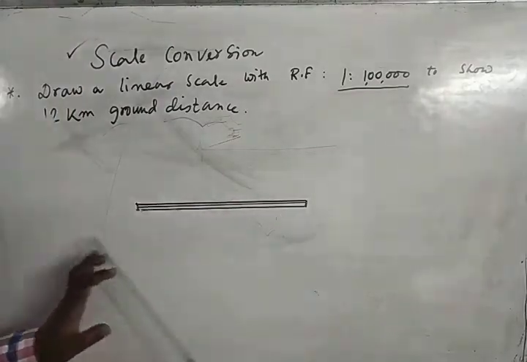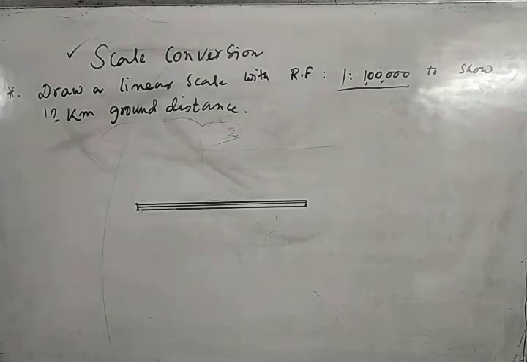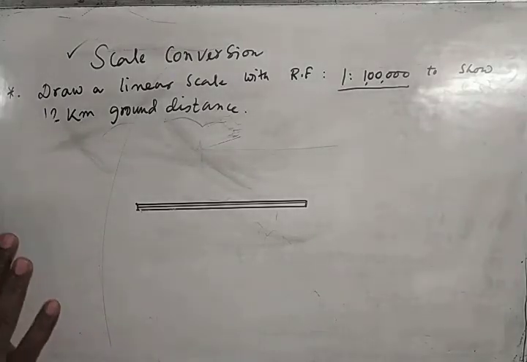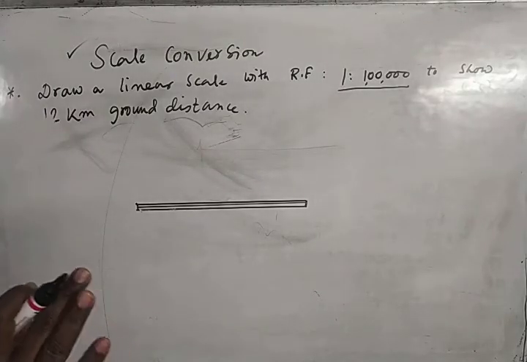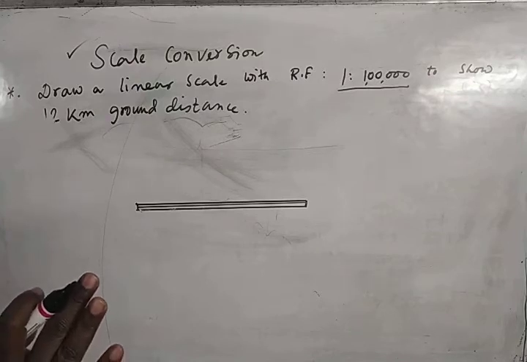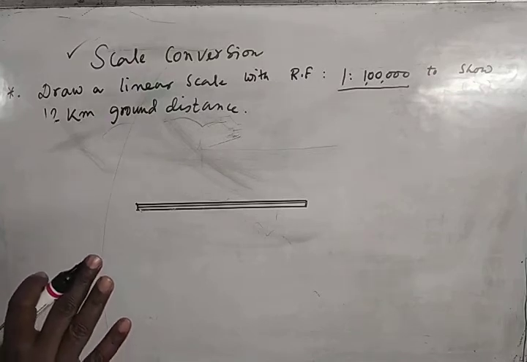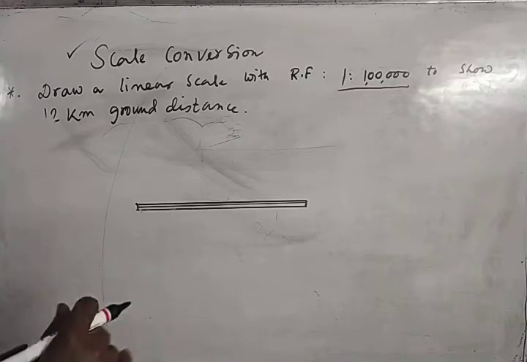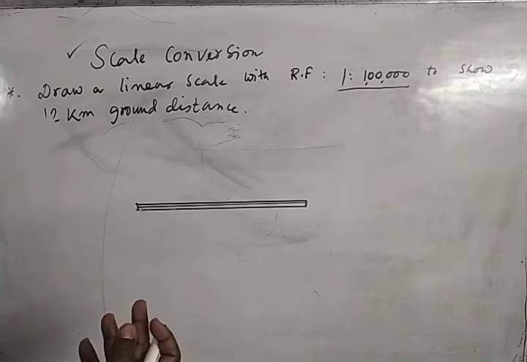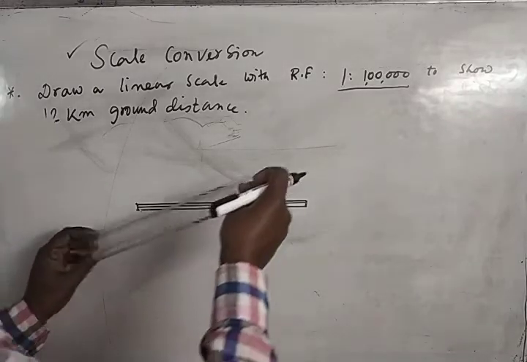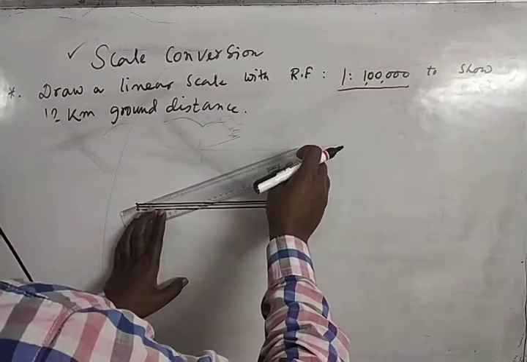Okay? Now there will be 3 primary divisions. How to take that primary division? Be cautious. Many students draw improperly by manipulation. But the geometric procedure to divide a line is like that.